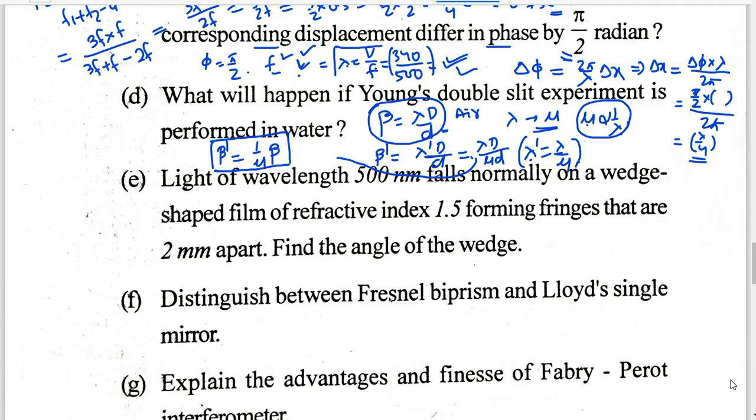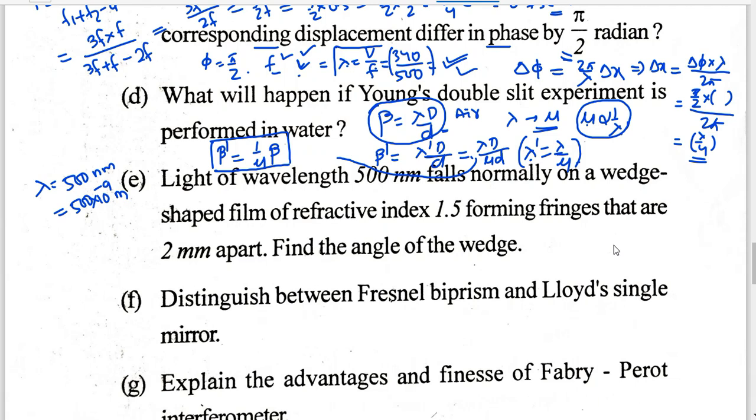Okay, now move to the next question, question number E. Light of wavelength 500 nanometer falls normally on a wedge shaped film of refractive index 1.5, forming fringes that are 2 mm apart. Find the angle of the wedge. In the question, the wavelength lambda is given, that is equal to 500 nanometer, which is equal to 500 into 10 to the power minus 9 meter.